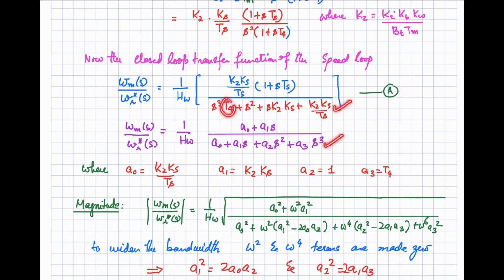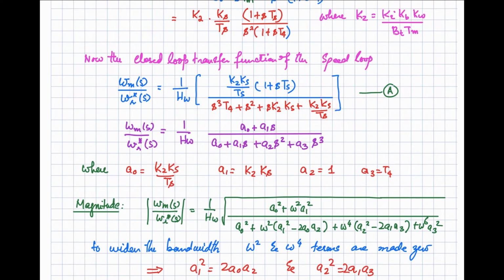So now we can define what is a0, a1, a2 and a3 by comparing this equation with this one, right? So with s cubed you can see the T4, so a3 will be equal to T4 and a2 will be equal to 1, right, by comparing these, and a0 will be equal to K2 into Ks by Ts, right?